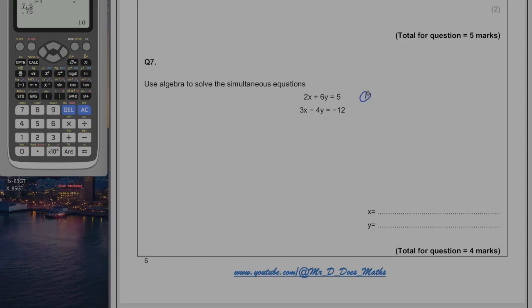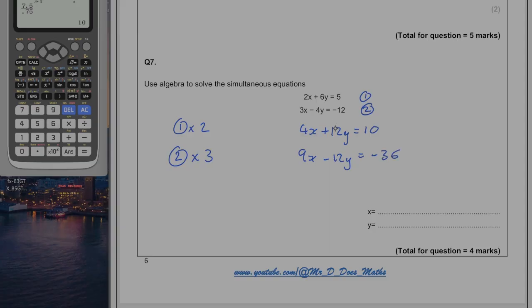So if I times the first equation by 2, that would give me 4x plus 12y is equal to 30. And if I times the second equation by 3, that would give me 9x minus 12y is equal to minus 36.